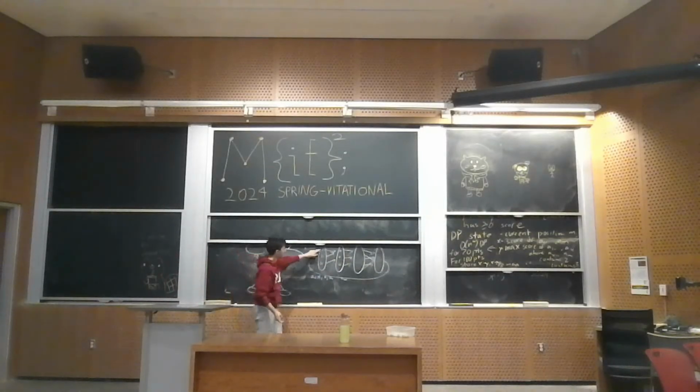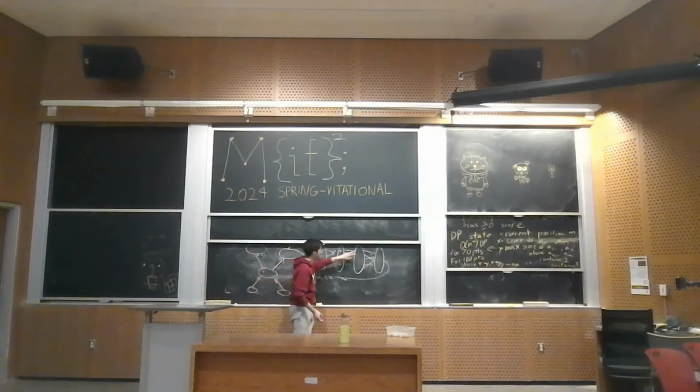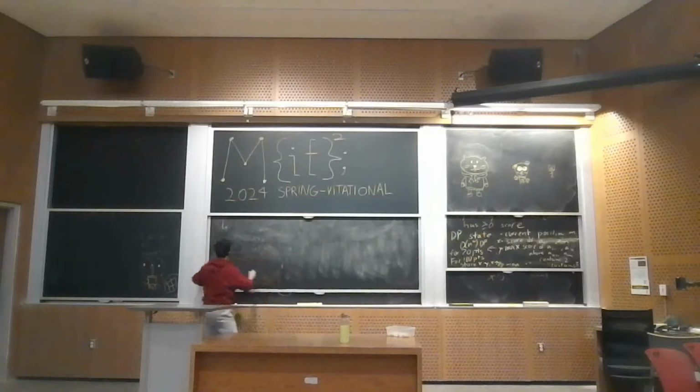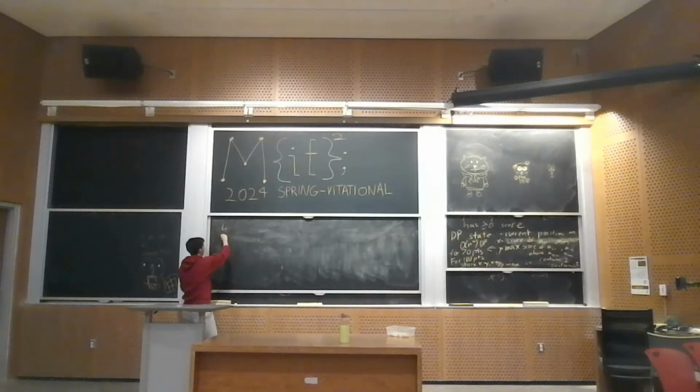So for this node it will be 0, for this node it will be 1, for this node it will be 2. We know that for any edge that goes from A to B, L_A plus 1 is congruent to L_B modulo M.